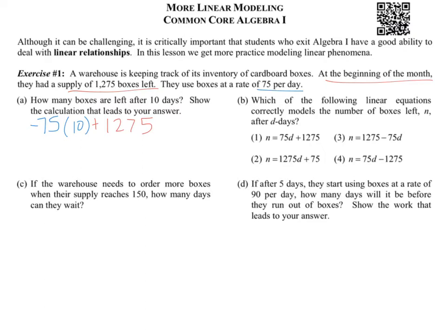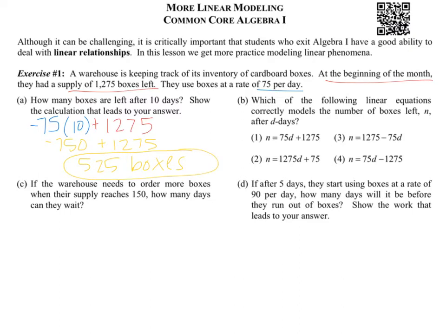Well, negative 75 times 10 is negative 750. We're going to add that to 1,275. That's the same thing as 1,275 minus 750. So the answer is 525 boxes.